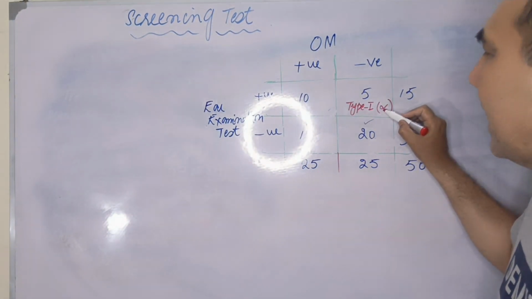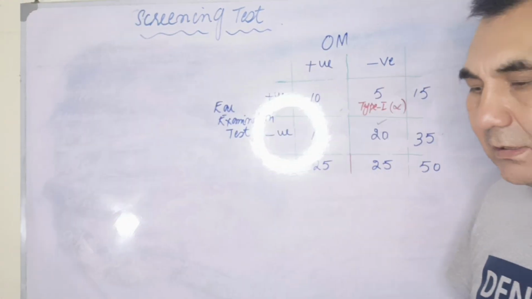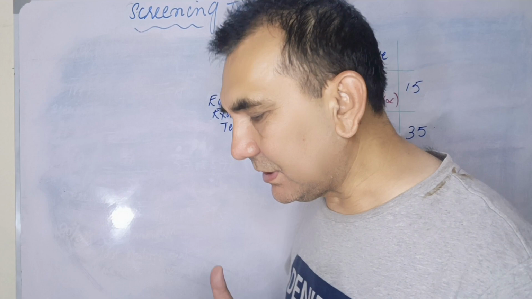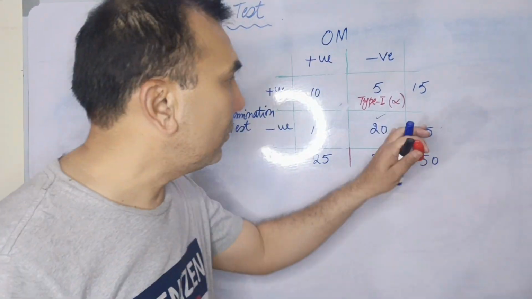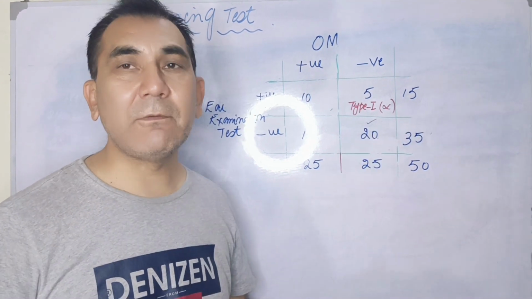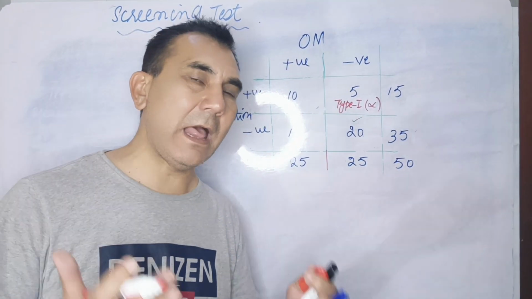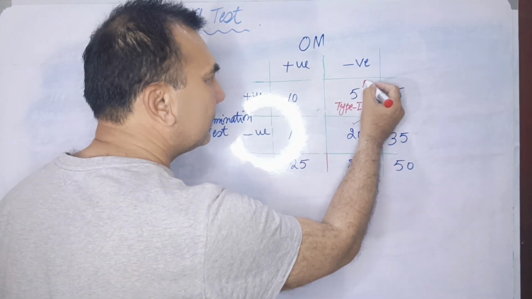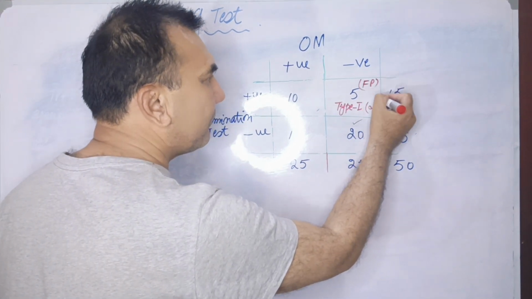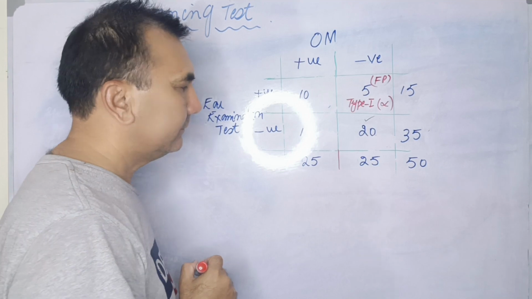Alpha means type 1 error, meaning even though the null hypothesis is correct, you are rejecting it. And this is also called a false positive. The false positive is the type 1 error.